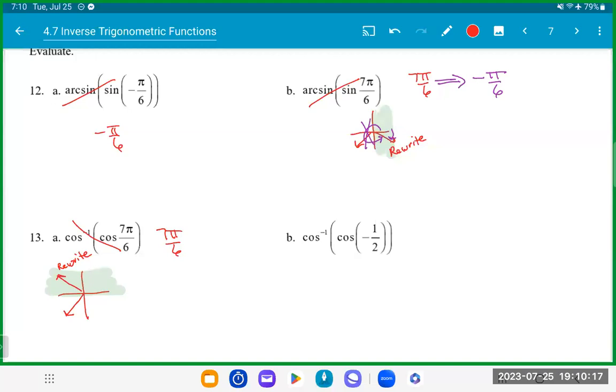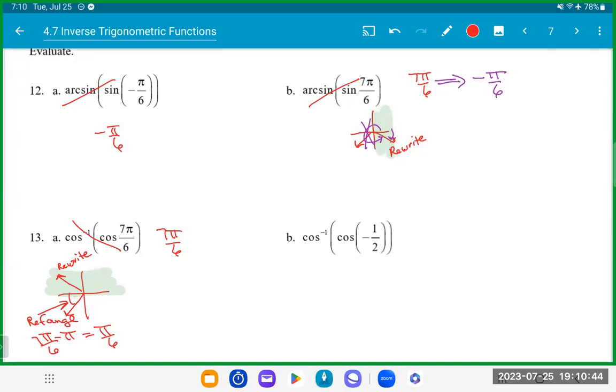So if I'm looking at that, my reference angle here is pi over 6, right? Because the reference angle is 7 pi over 6 minus pi, so my reference angle is pi over 6.